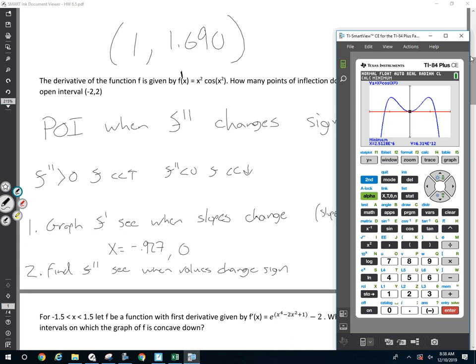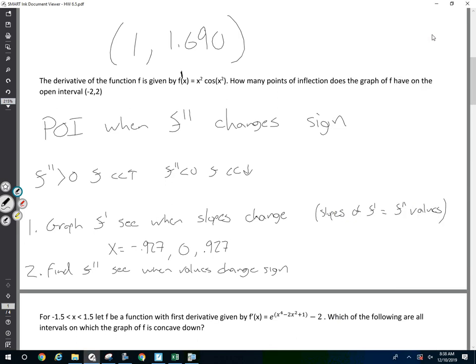That's essentially 0. Remember, your calculator just approximates. Maximum, go to the left, go to the right. 0.927. So it looks like it's symmetrical. Okay, so there's one way to do it.